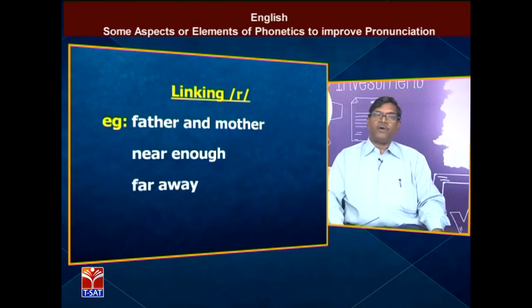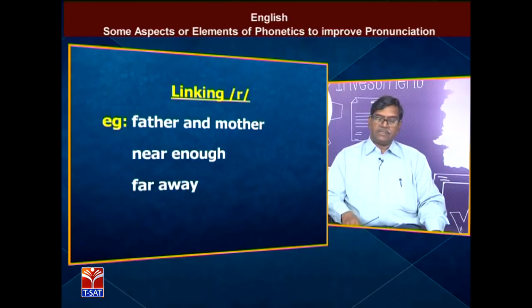But in the case of father and mother, the next word begins with a vowel sound. So, the word ending R is pronounced here: father and mother, near enough, far away. Like that, the word ending R is pronounced when it is followed by a word which begins with a vowel sound.